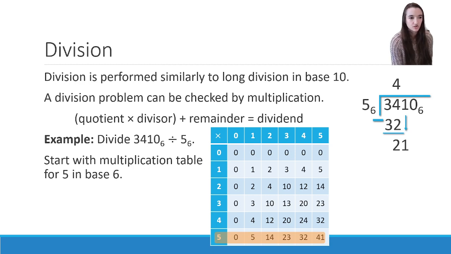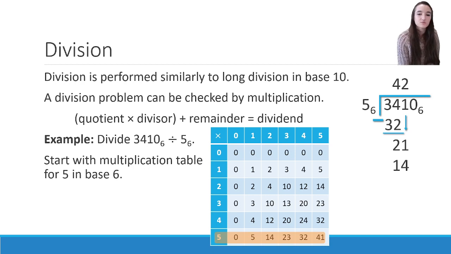Now I ask the question again. So, how many 5s till I get to 21? Well, we look up here, and 14 is our number, right? So 2 times 5 is 14 in base 6. So I put a 2 at the top, and I'm going to subtract off 14, like so.